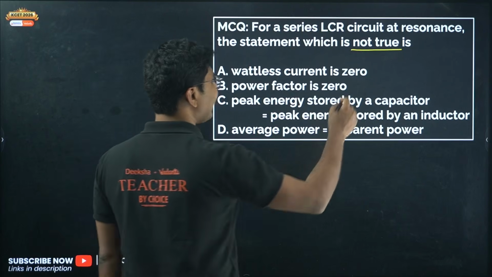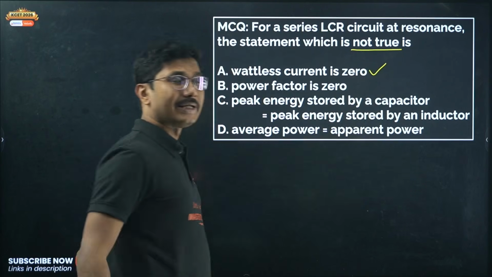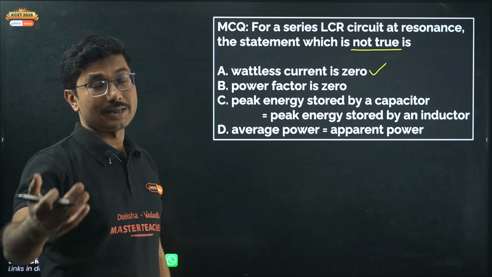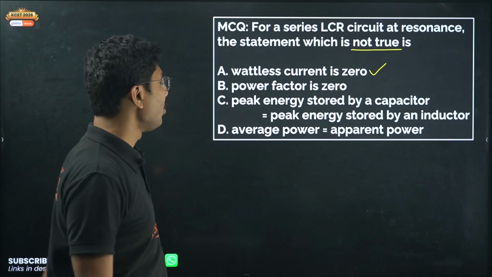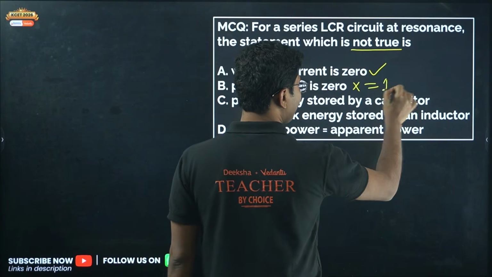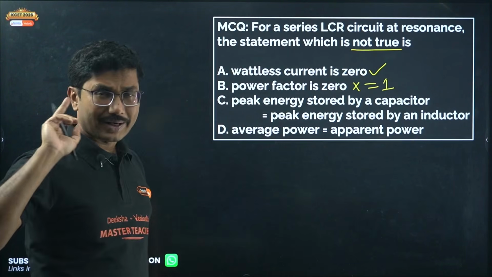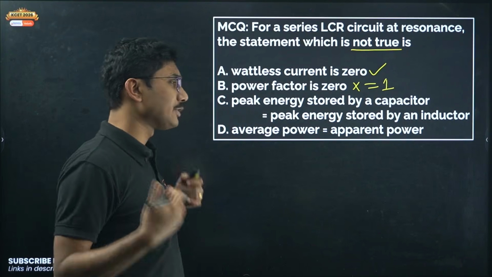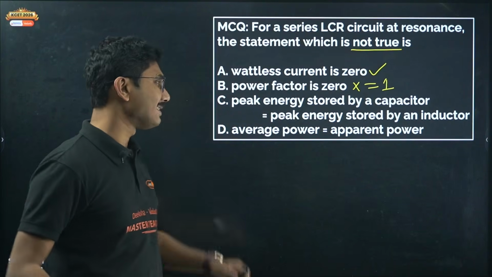So wattless current is 0 because current is being consumed here, and it is using some power. So wattless current is 0. Power factor is not 0. Power factor is equal to 1. Okay, so remember that power factor is equal to 1. Peak energy stored in a capacitor is equal to peak energy stored in an inductor. That's why they are cancelling each other.